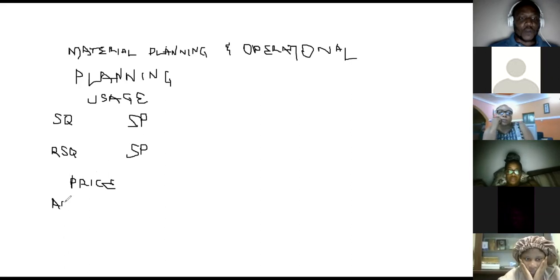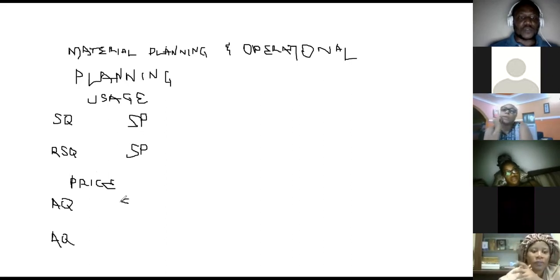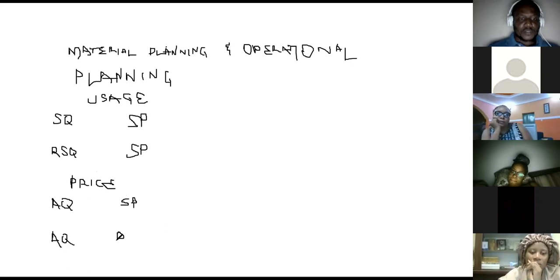So actual quantity, that is not affected at all. And then what we are doing is comparing standard price with the revised standard price. So I hope this has been some kind of immediate revision for you. All right, so that's that.